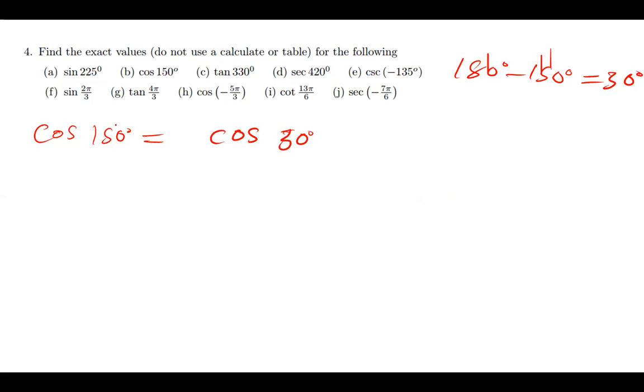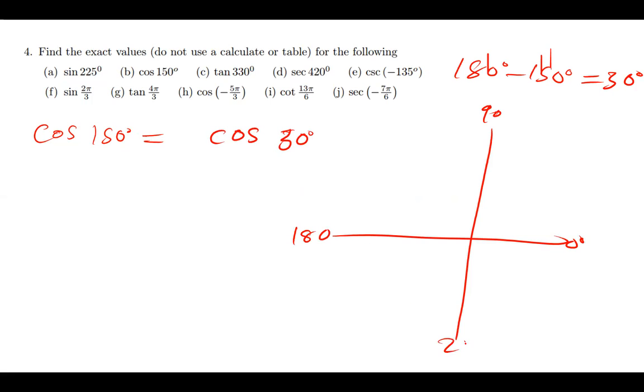Now, let us check where 150 lies. Is it in the first, second, third, or fourth quadrant? So we can draw the quadrants there. We have 0, we have 90 degrees, we have 180 degrees, we have 270 degrees. So if this is 90 and this is 180, it means that 150 is somewhere there.